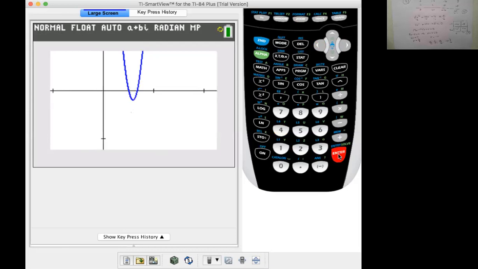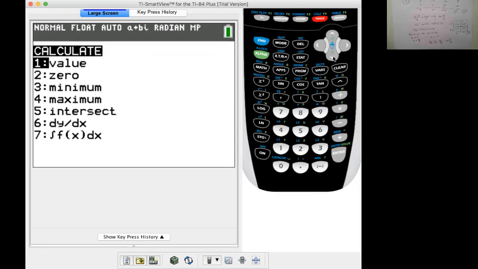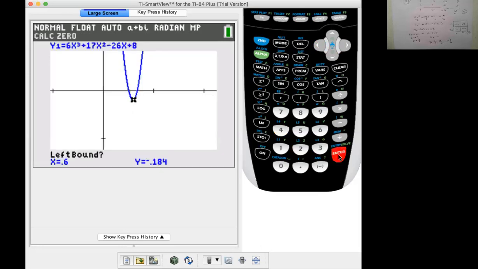Okay, that's pretty good. So I'm going to use my finder again, second calc 0. Move the man in the spaceship a little bit to the left of where it crosses. And you see a 0 of 0.5 or 1/2.